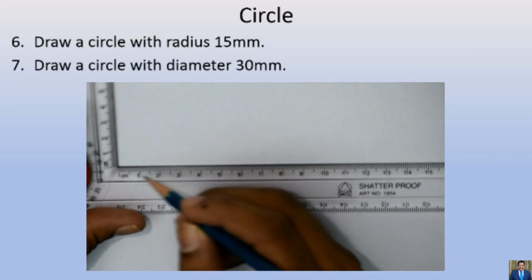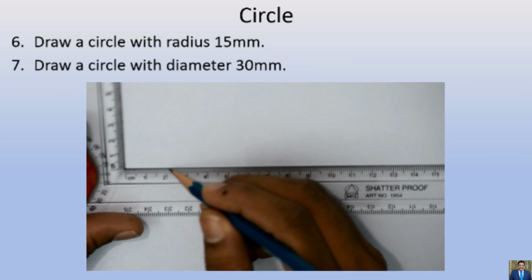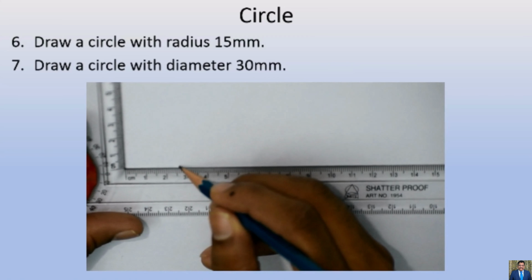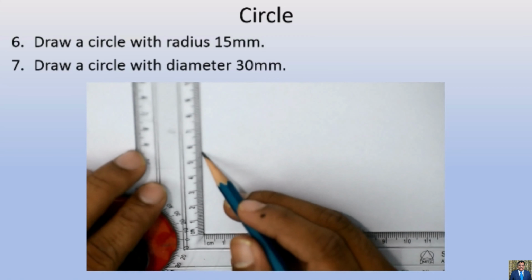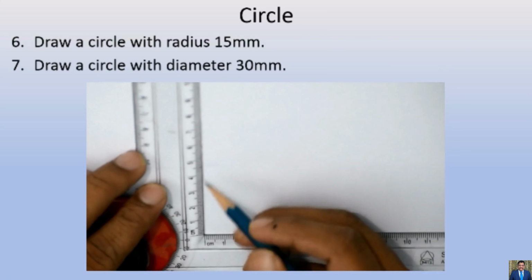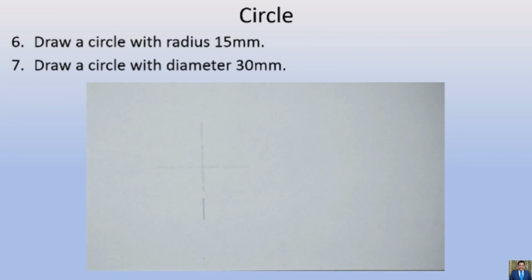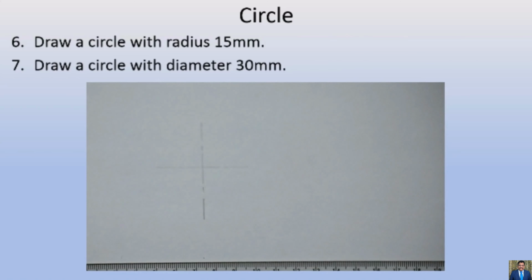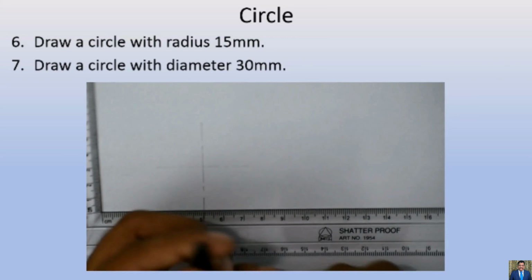So here on your sheet, first I will draw some axis lines. Whenever you are going to draw a circle, it is best practice to draw the axis lines first. Axis lines mean there will be one small line and one bigger line, vertical and horizontal. The point at which these two lines meet is called the center point. From that center point we have to draw the circle.